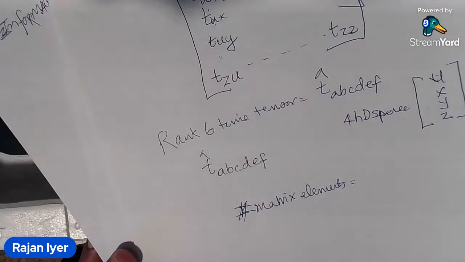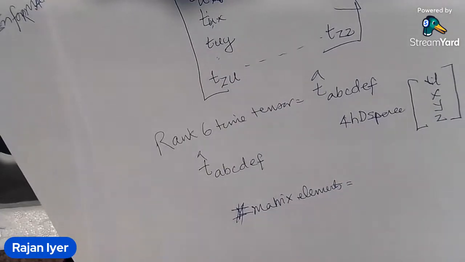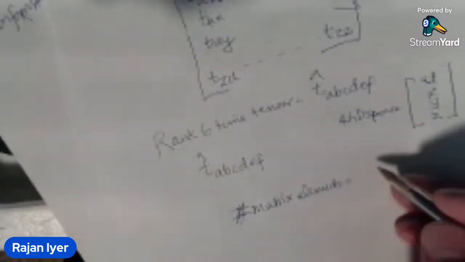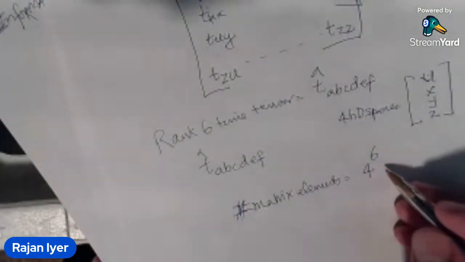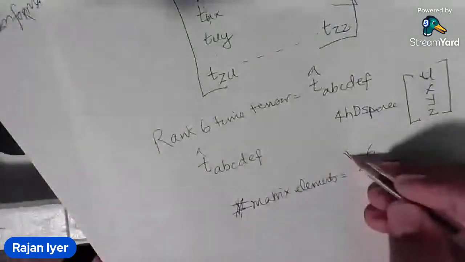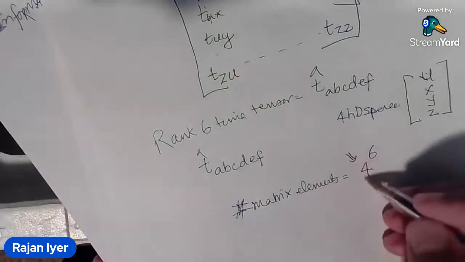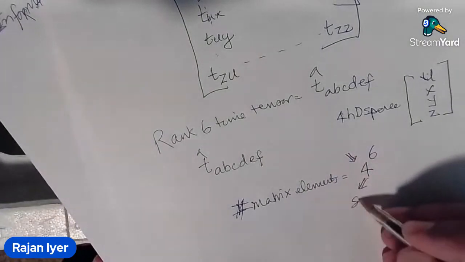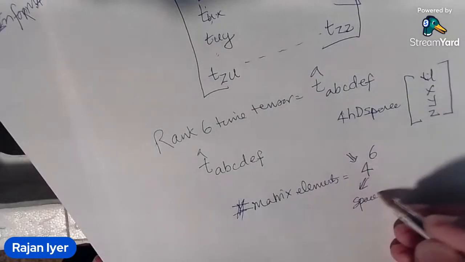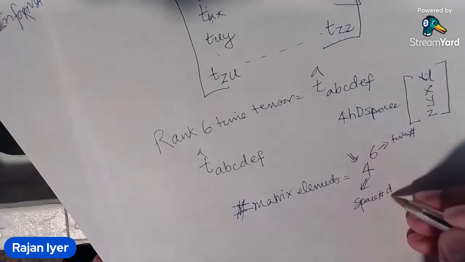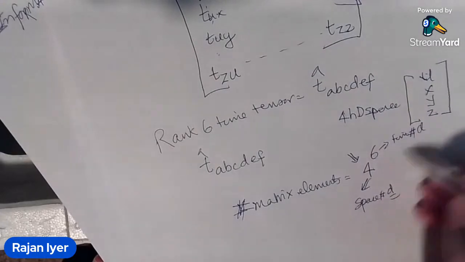Is it 4 to the power 6 or 6 to the power 4? Well, the rank of the tensor is 6, and the dimension is 4, so it will be 4 to the power 6. We found the equation to be this: this is the space number, this is the time number. Okay, that makes sense.